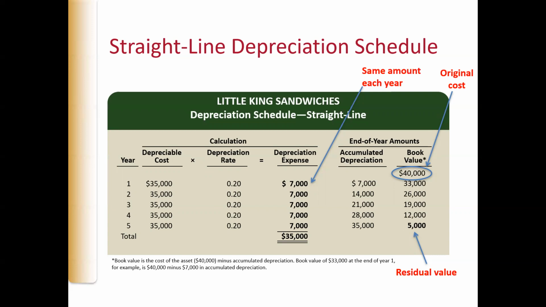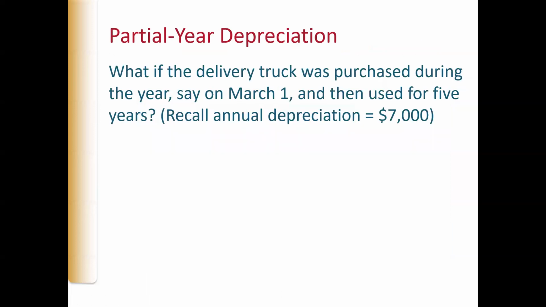At the end of the first year, our book value is 33,000. For the second year, we take depreciation of 7,000, and at the end of the second year, our book value is 26,000. We will continue to decrease until we hit the residual value. We won't depreciate it below that residual value.